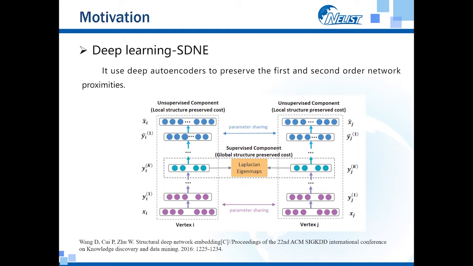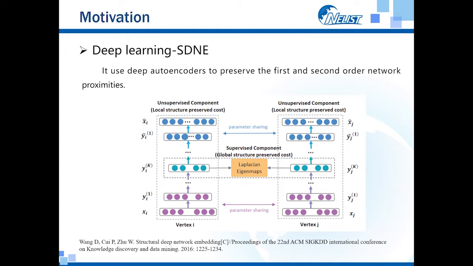Third, SDNE. There are often non-linear relationships between the nodes in the real world, so the SDNE method believes that we should use deep learning models to capture the highly non-linear relationships between the nodes.